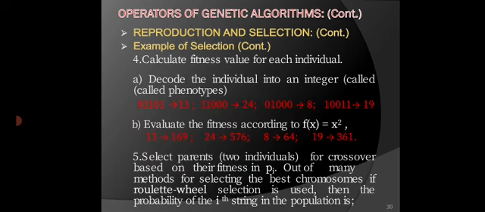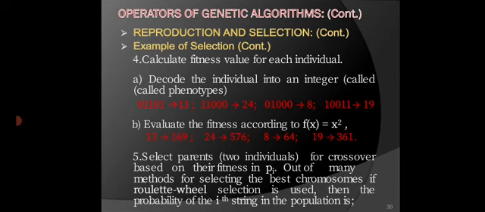Okay, then calculate the fitness. Assign a fitness, then decode. Decoding shows that the binary encoding 01101 represents the value 13, 11000 represents the value 24, 01000 is 8, and 10011 is 19, and so on.